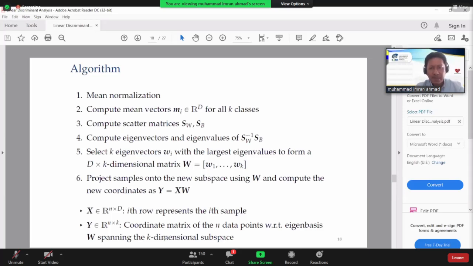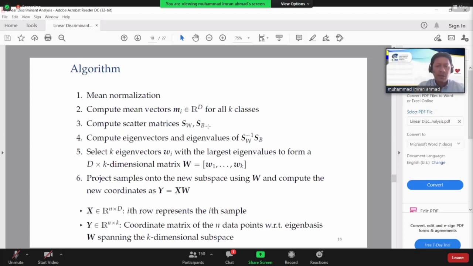This is the step-by-step algorithm that you need to apply when you want to use LDA. In our practical class, we do all of these things. First, you need to normalize the mean value, and then compute the mean vector. Then compute the scatter matrices S_W and S_B.